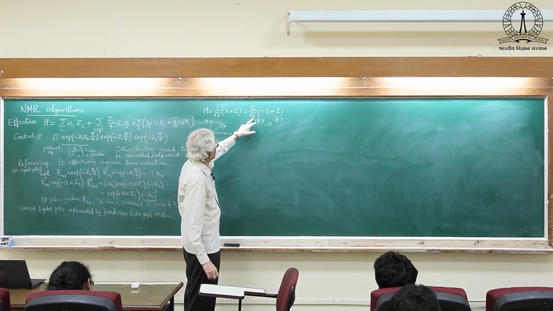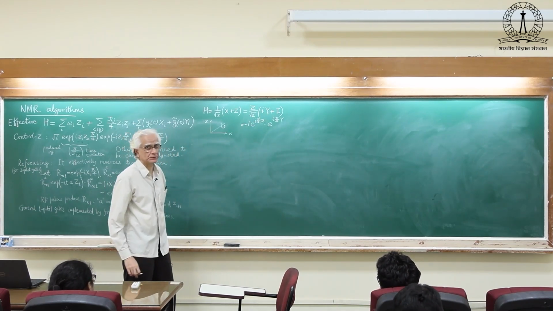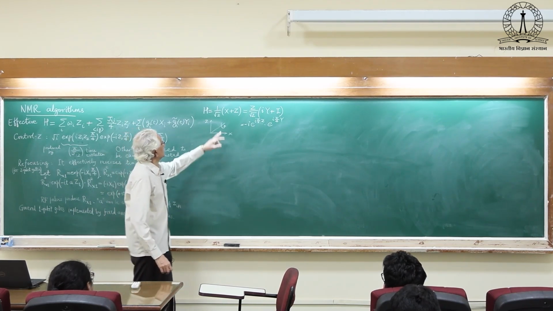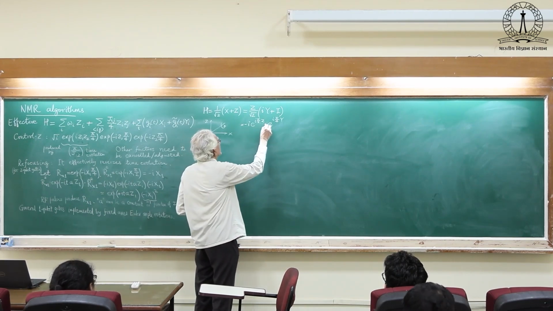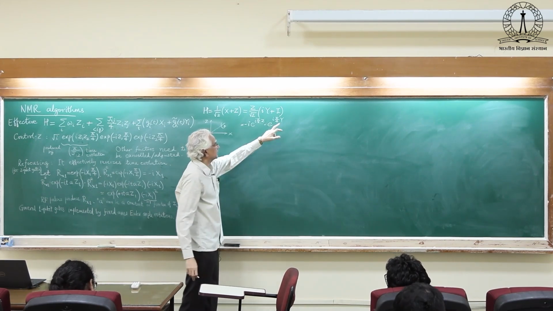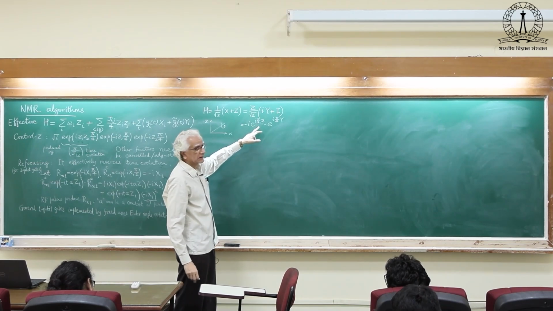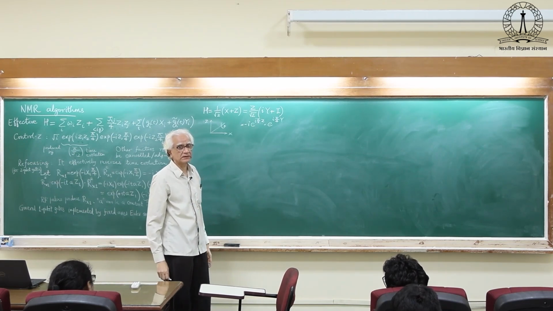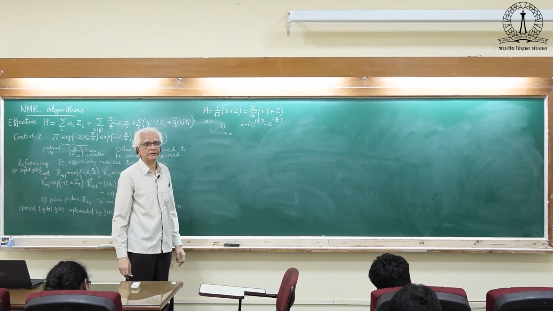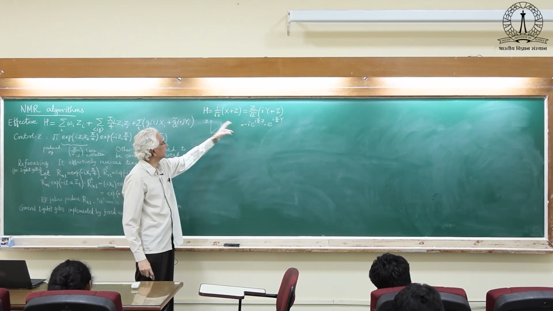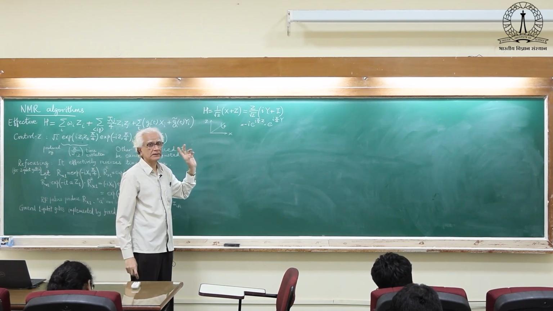Cosine and sine of pi by 4 will produce this 1 by root 2. So this operator can now be implemented as a pi by 4 rotation about the y-axis, followed by a pi by 2 rotation about the z-axis. That I can do with this Hamiltonian, and it's an example of this Euler angle decomposition.